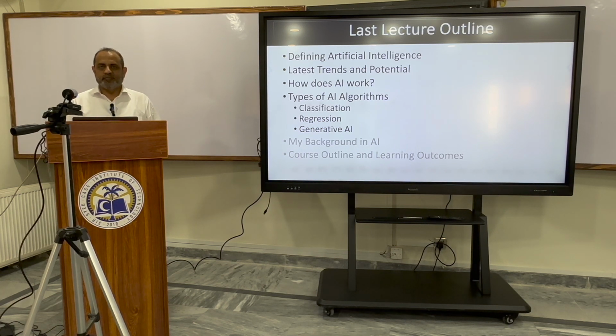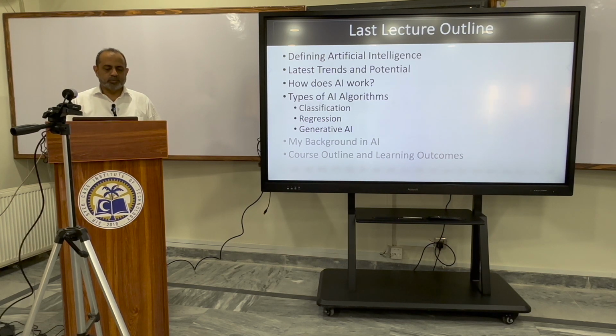We defined AI. So I used a definition, and I mentioned that I'll keep coming back to this definition, and we will again revisit that before learning about the data representation. Then we spent time learning about the latest trends and potential, and I also gave you an assignment about the latest trends in the 2023 Gartner hype cycle, and I asked you to write a short paragraph about each trend.